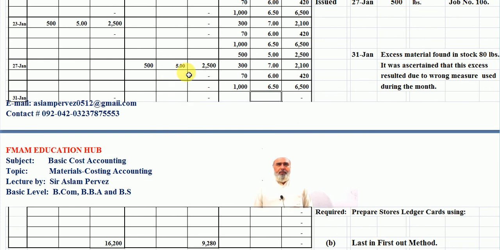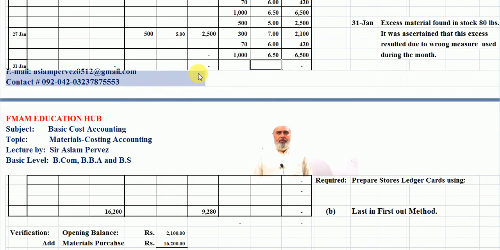We have to return 80 pounds of materials from production to the storeroom here. For this purpose, we take minus 80 as a return from production to storeroom. The rate is 5 per pound.